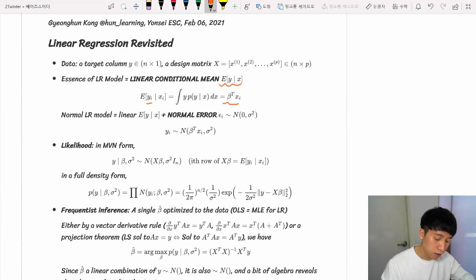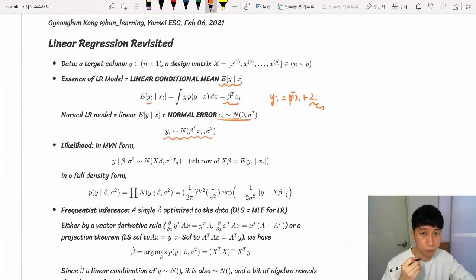And if you add one more assumption, that the error follows a normal distribution like this one, then we have a normal linear regression, which can be summarized with this expression: yi follows a normal distribution whose mean is conditional on xi, and its variance is homoscedastic, equal across the whole range of x's.